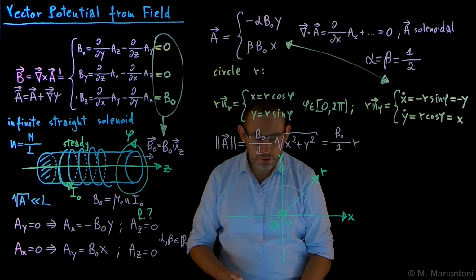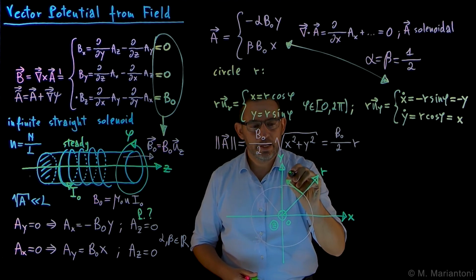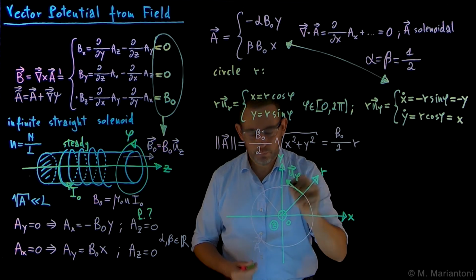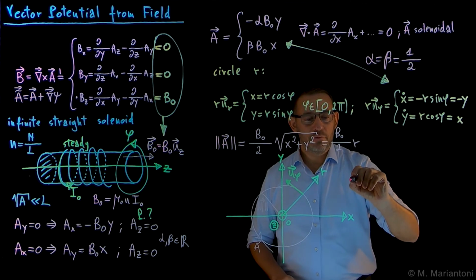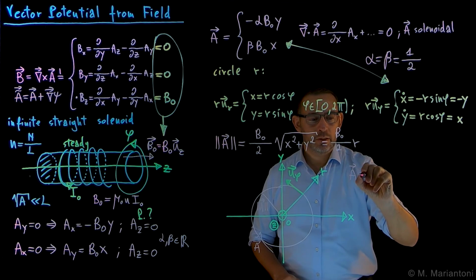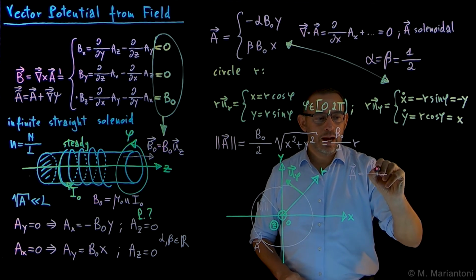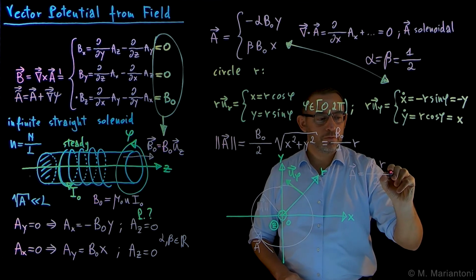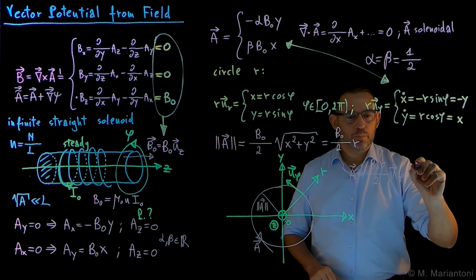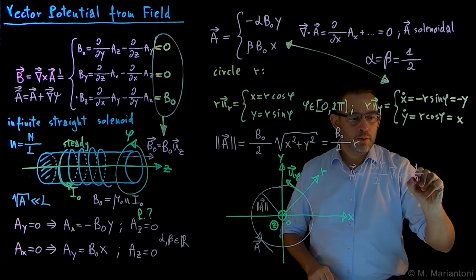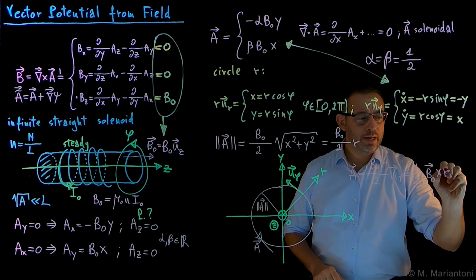Therefore, the tangent unit vector here, we know that is u phi. So we can finally rewrite the overall vector A in two different ways, either as b naught r divided by 2 times u phi, or equivalently as 1/2 b naught vector, which goes along the z-axis, crossed with the r vector.